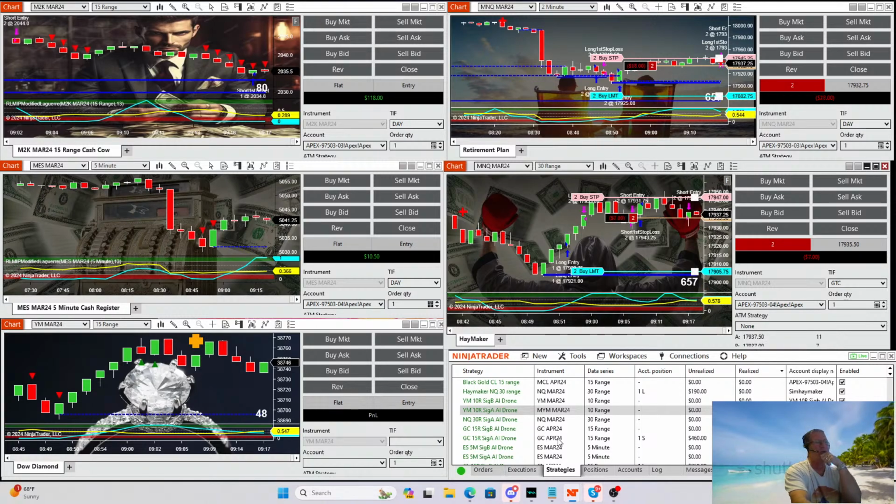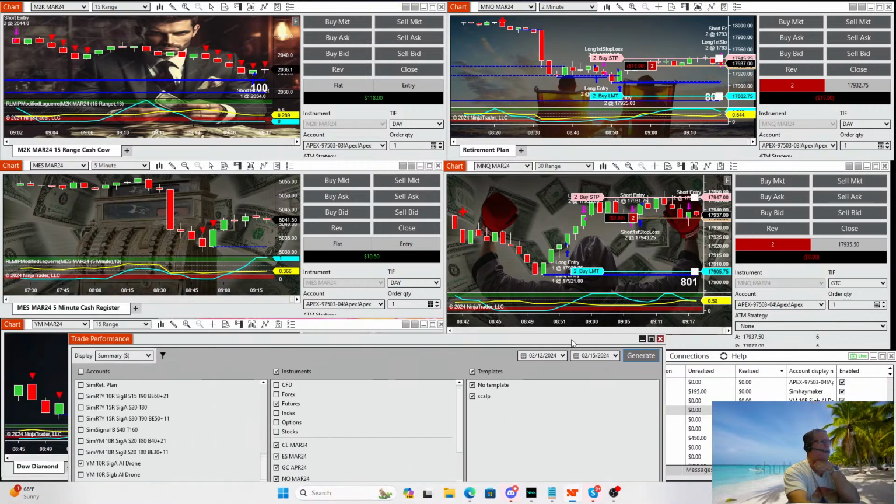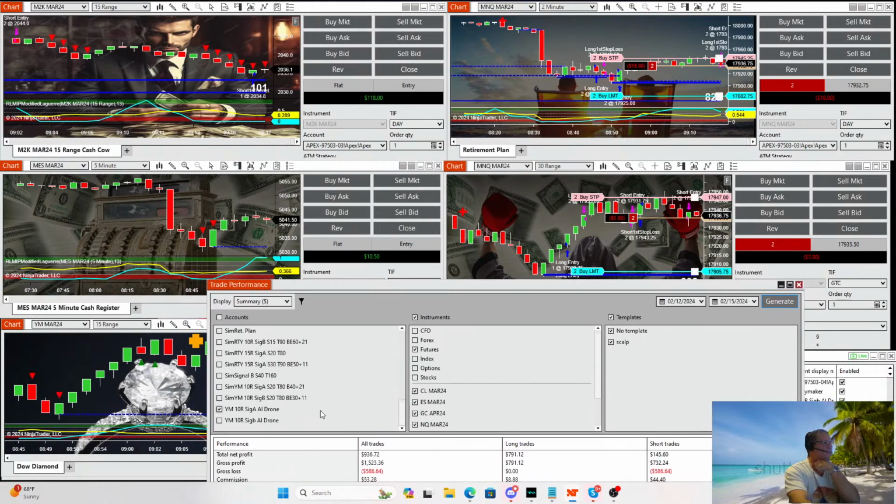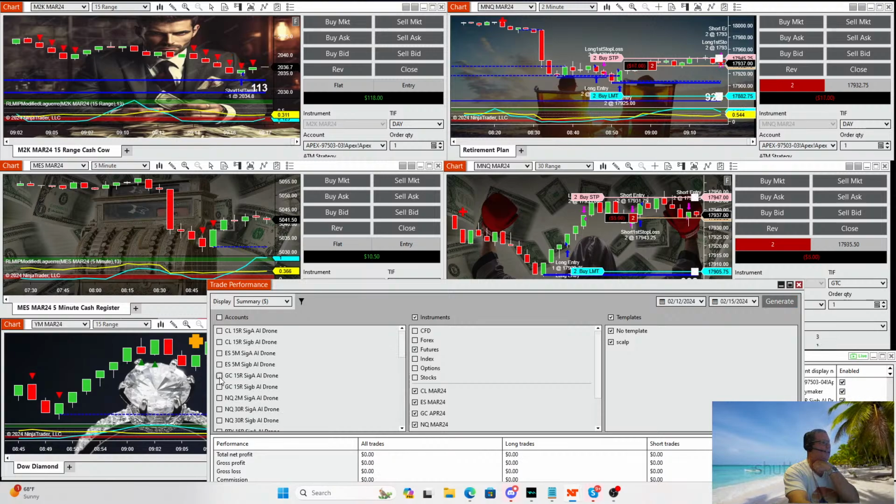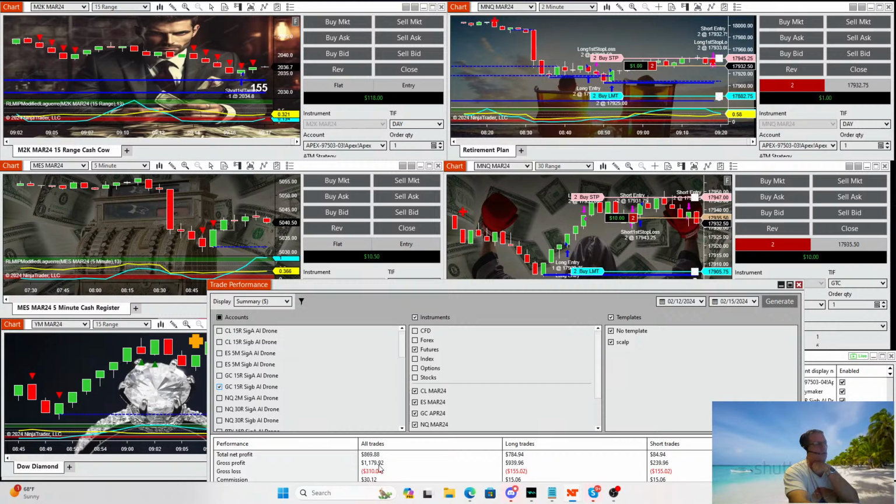It looks like gold is doing well this morning. So I see gold doing well on that drone. So I'll just come back over here and see historically how gold has been performing on that drone, on the 15 range drone, about break even. On this one here, the signal B, it's been doing very well, extremely well.